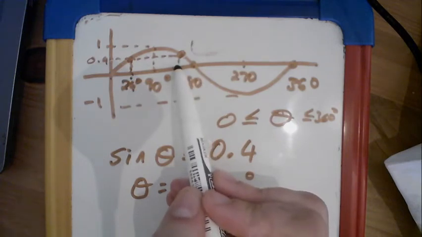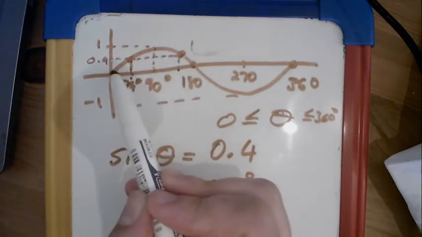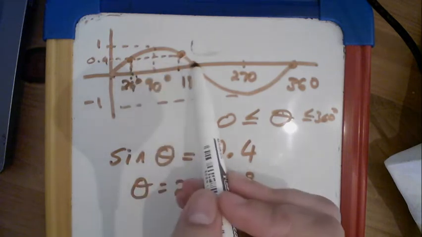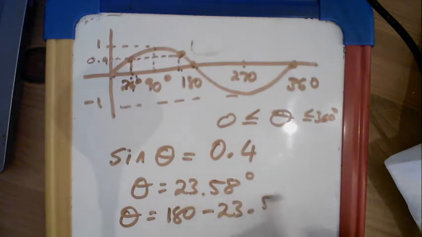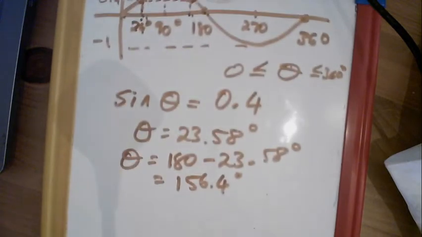So to get this solution, it's the same gap as it is from 0 to 180. So what we would do is 180 minus 23.58 to get my second solution, 156.4 degrees.